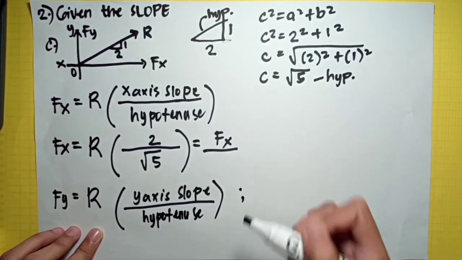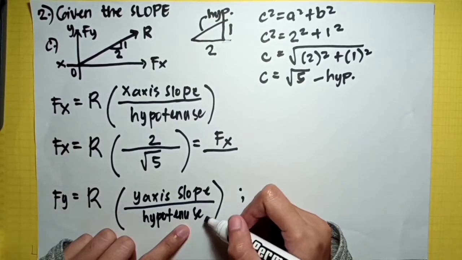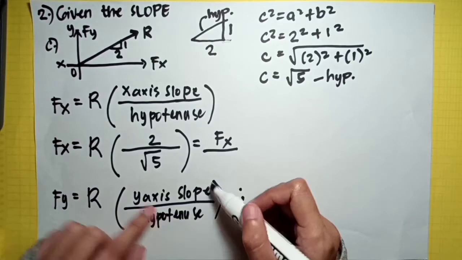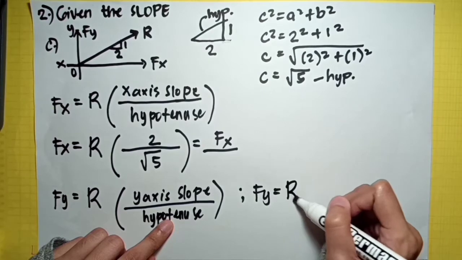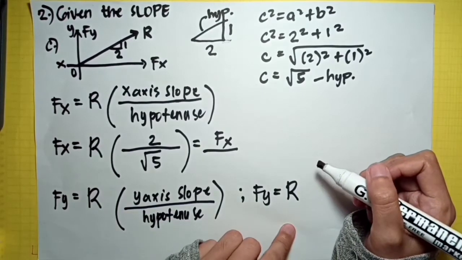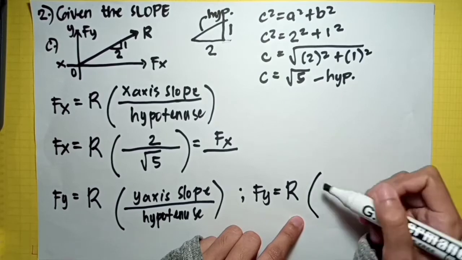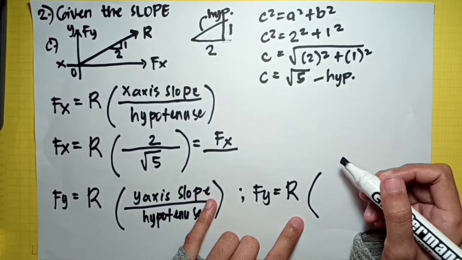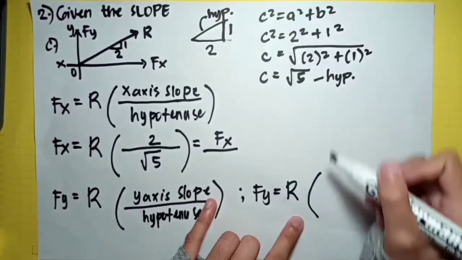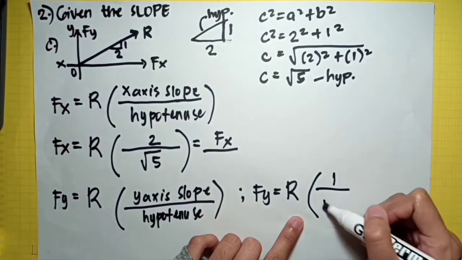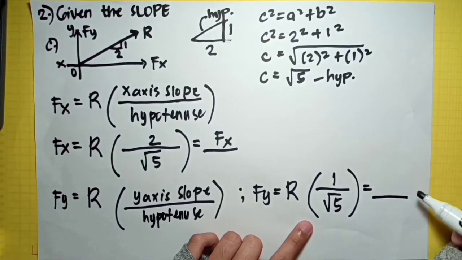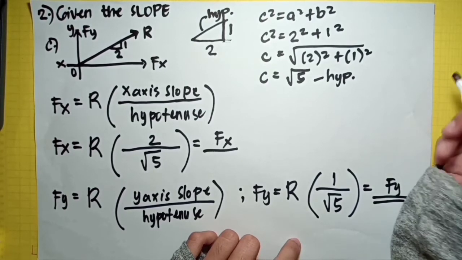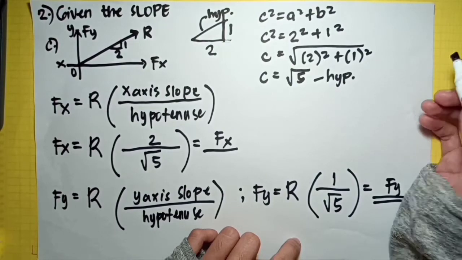Kung i-substitute natin yung value ng slope dito sa formula natin, ang lalabas is f sub y is equals to the value of resultant, kung ano man yung resultant na given sa inyo, and then yung y-axis slope ay ang 1, all over the hypotenuse, which is the square root of 5. I-multiply nyo lang, the same lang, and then makukuha nyo na ngayon ang value ng f sub y na pinapahanap sa inyo. So, that's another way of solving the value of f sub y and f sub x.